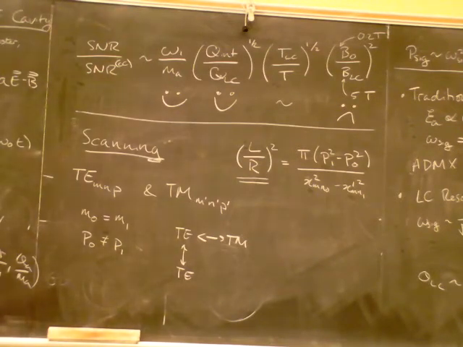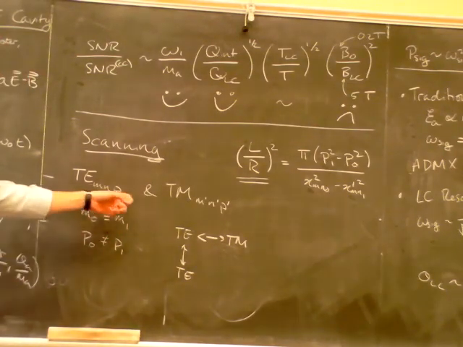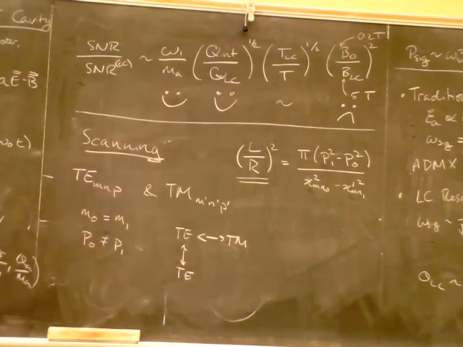One obvious way you can think about doing this is having your background mode be insensitive to the length. So let's say P0 is 0 and P1 is non-zero. Then as you change the length, all you're changing is frequency omega-1, but you're not changing frequency omega-0.